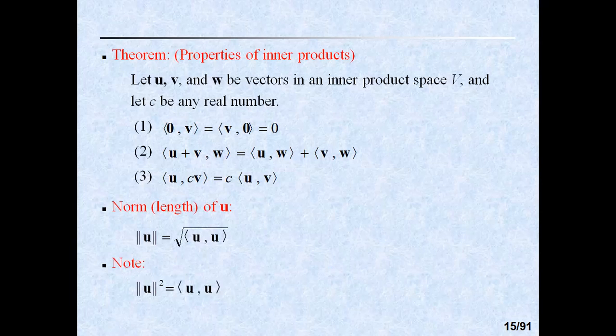Norm of U is equal to the square root of inner product of U comma U. One more point to remember: norm U whole squared, squaring both sides, the square root is removed. Norm U squared is equal to inner product of U comma U.